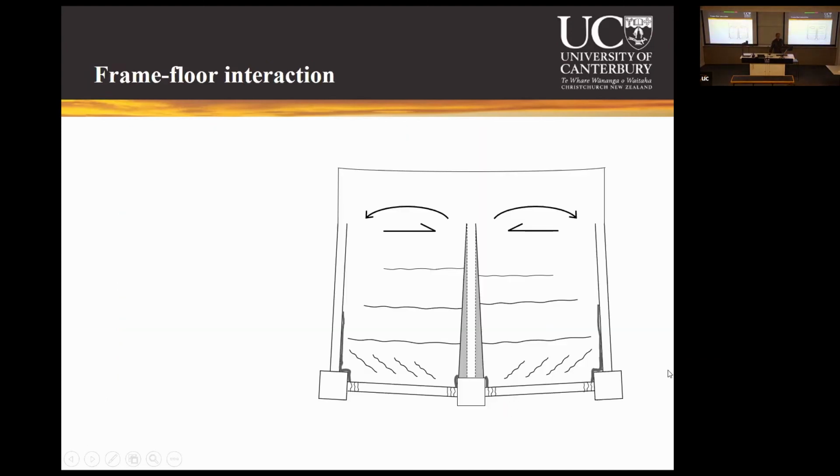So when we look at the frame-floor interaction, we can summarize the damage in three key aspects, right? The first one is, because of the linking slab and the beams trying to elongate, the compatibility demand between the slab around the connection with the seismic beam gives you these shear cracks invariably.